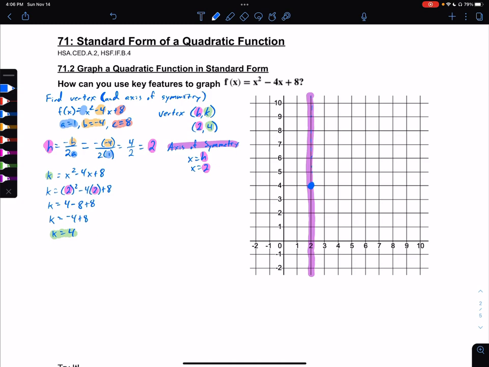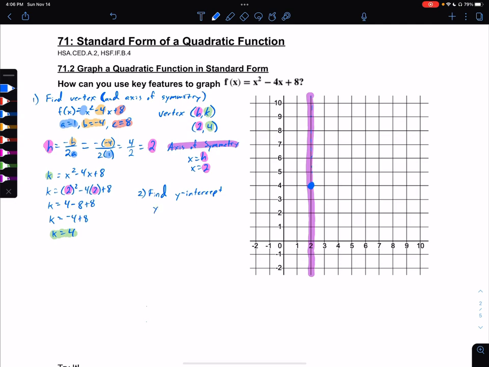That's the first thing we want to find, right? We want to find the vertex. The second thing we want to find is the y-intercept. And what you want to remember is whenever you're looking for the y-intercept, your x value is 0.